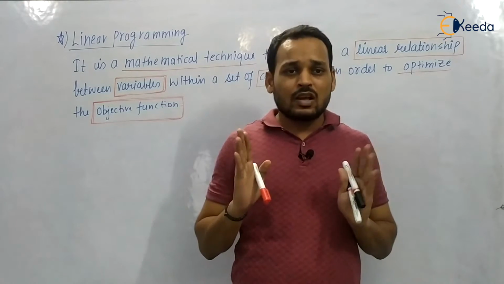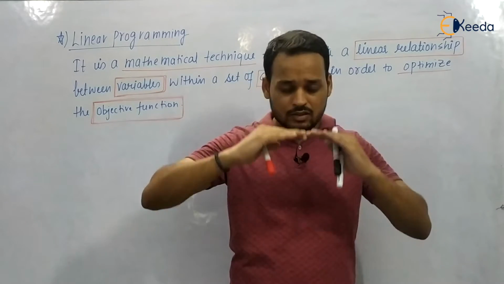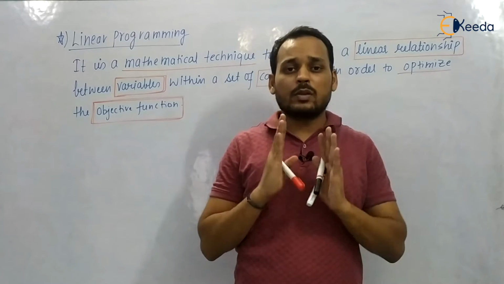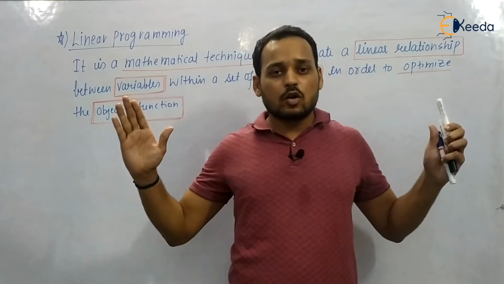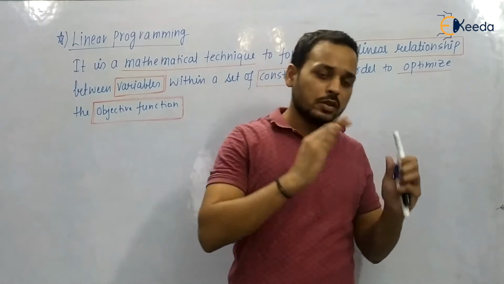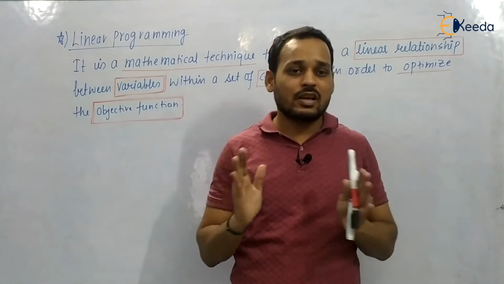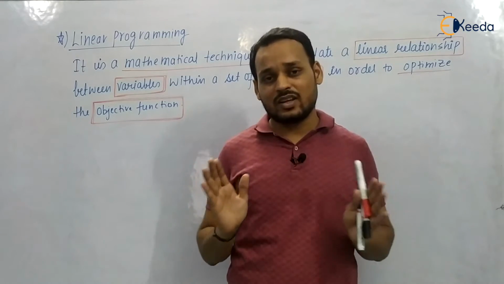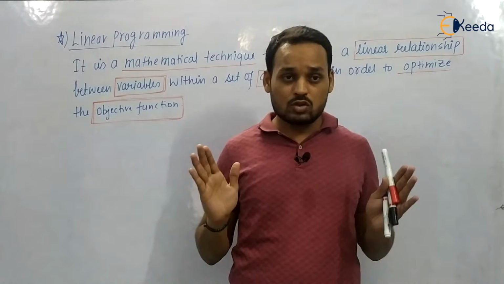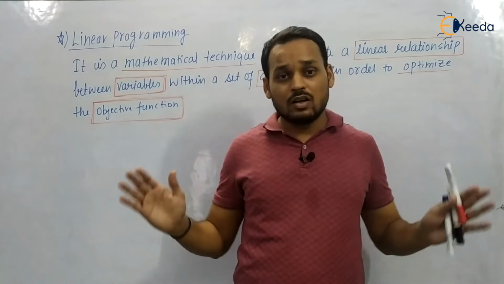Optimize means either we maximize it or we minimize it, and this has to be done under a set of constraints, a set of rules. We cannot cross the boundary.